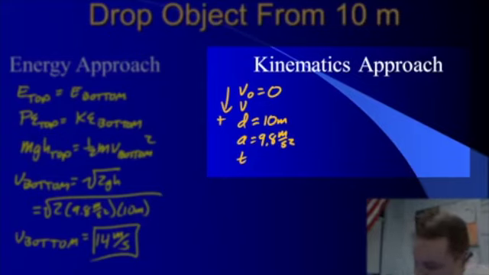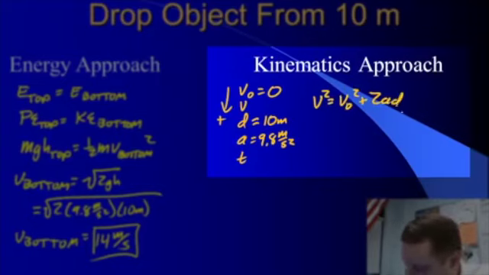Well, we can use the formula v squared equals v initial squared plus 2ad. That's going to be 0 squared plus 2 times 9.8 meters per second squared times 10 meters.